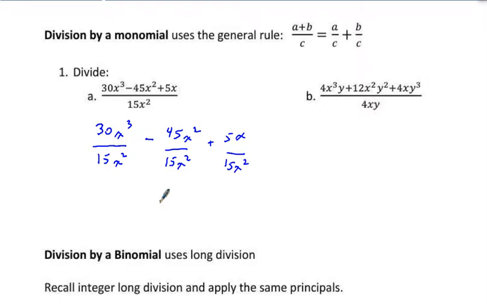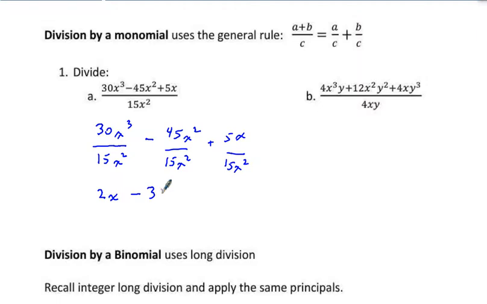At this point, we're going to divide each separate fraction. So first, 30 divided by 15 is 2. X cubed divided by x squared is x. The minus sign will stay the same. 45 divided by 15, 3. X squared divided by x squared simplifies to just 1.